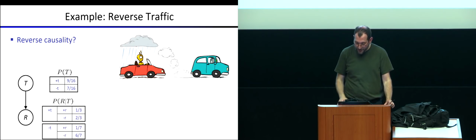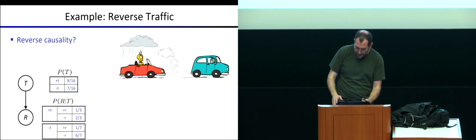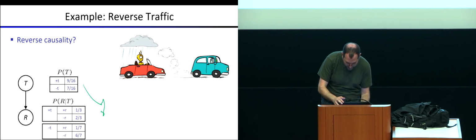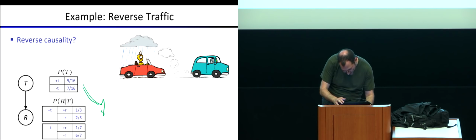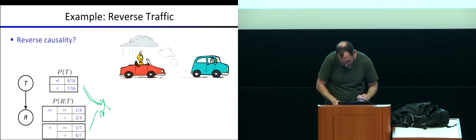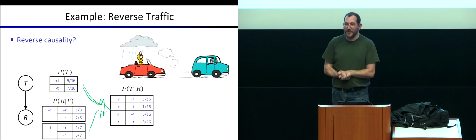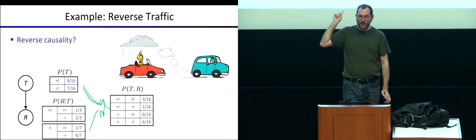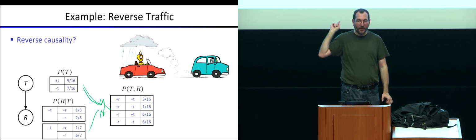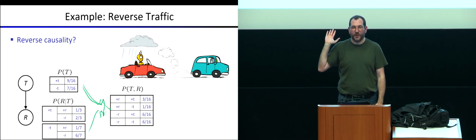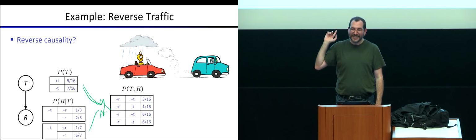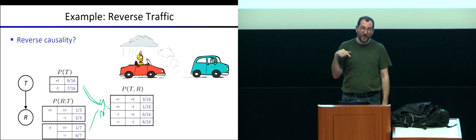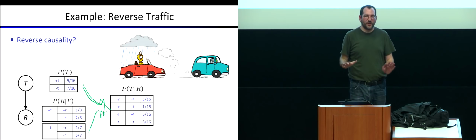And for these particular numbers, if I use the Bayes-Net reconstitution formula and I compute every entry of the joint distribution, it'll be this one. And if you have really good memory, you'll remember this is exactly the same joint distribution as before. So this network here, which does not match the causal process, encodes the exact same joint distribution over those variables as the previous one. Now, you might like the previous one better, and there's a lot of advantages to drawing these things causally.